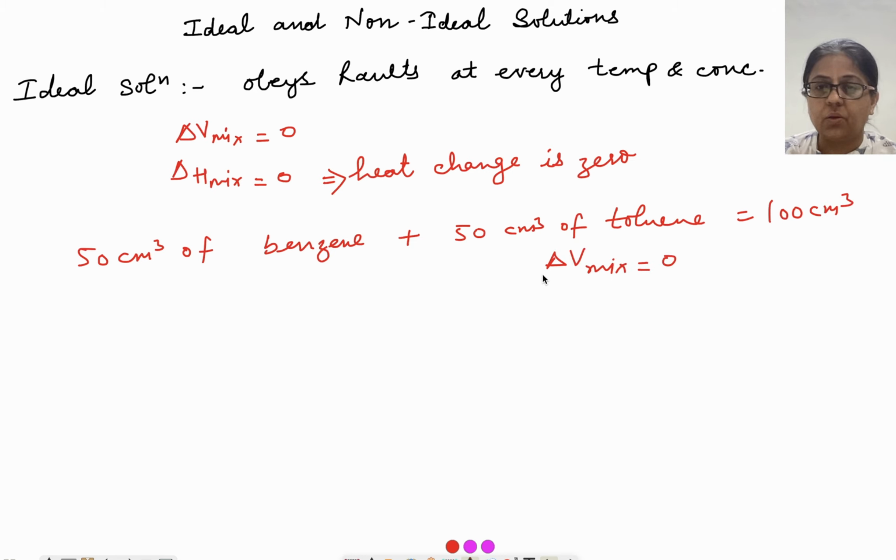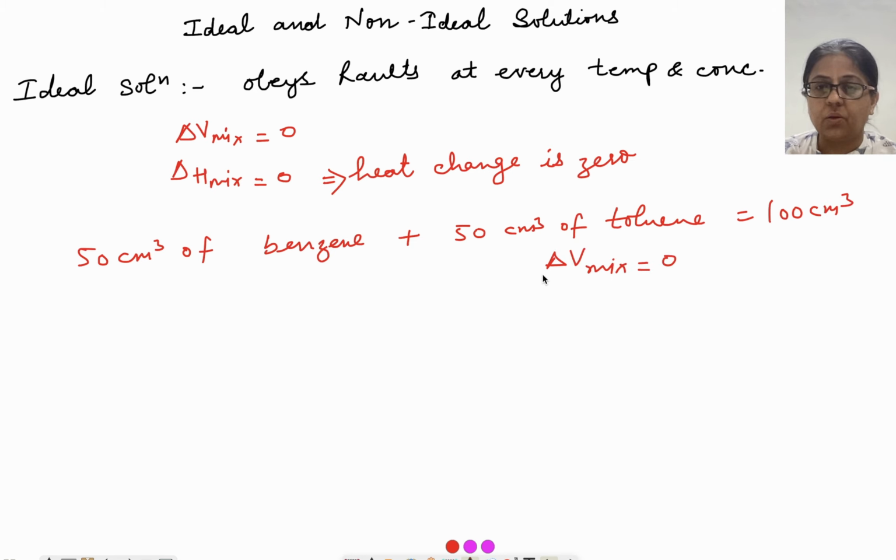Or you can take the example of ethyl chloride with ethyl bromide. So these are the examples of ideal solutions. Chlorobenzene with bromobenzene is also an example of an ideal solution, where delta V mixing is equal to 0 and delta H mixing is also equal to 0.